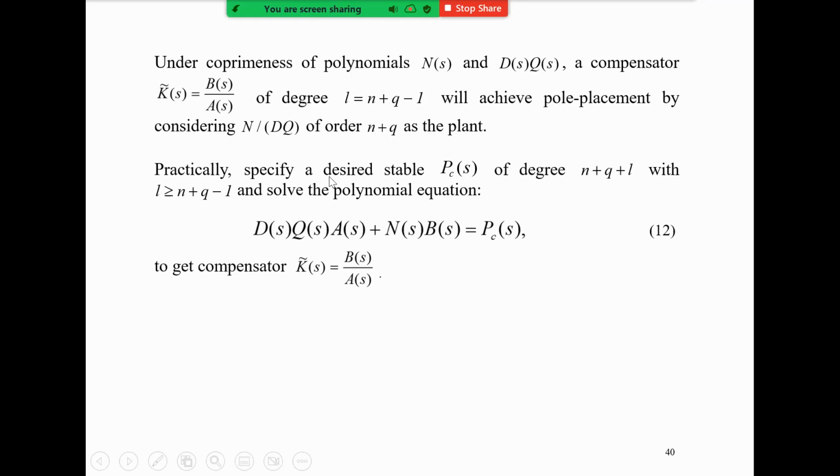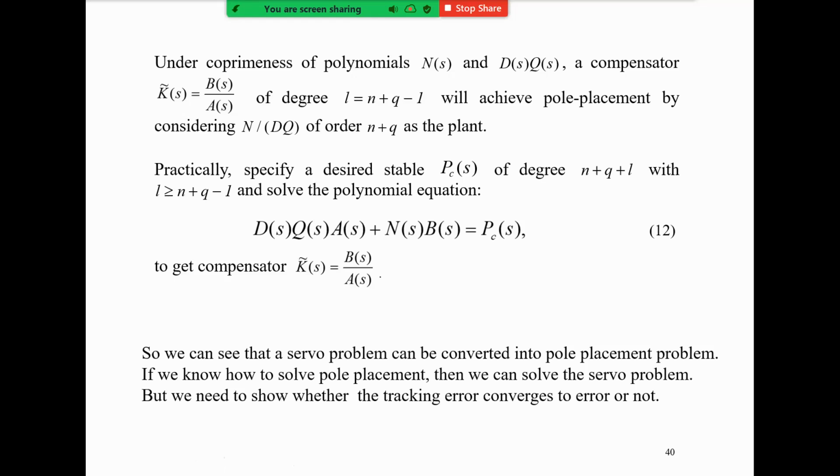Practically, you just specify a desired stable closed-loop polynomial of degree M plus Q plus L, and then try to solve this polynomial equation. You are given DQ, and you try to find A and B to satisfy this equation. That is the pole placement we have solved, and you know how to do it.